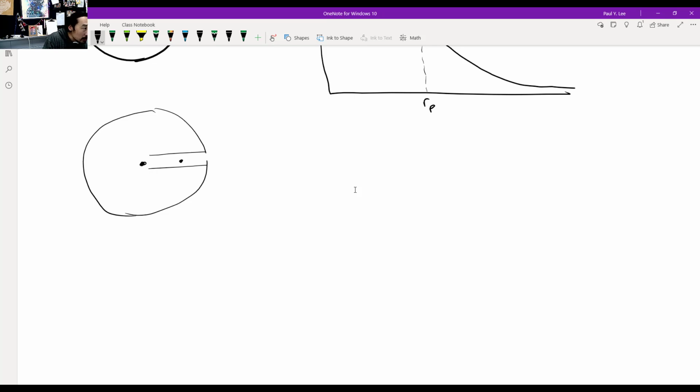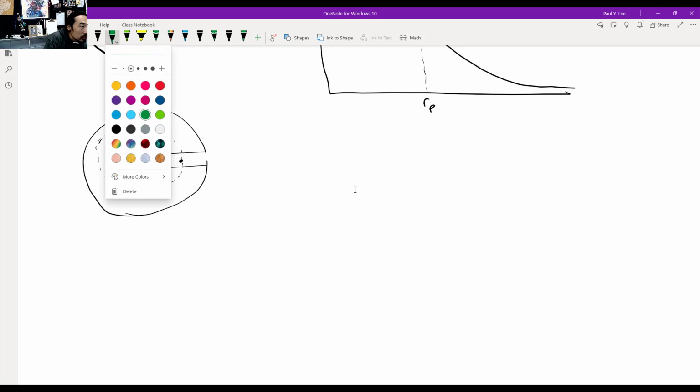All right, so this dot right here, that represents capital M. That's the Earth itself. But now look at this. You have a new radial distance away from the center of the Earth. So something unique happens. When you are not on the surface of the planet, there's still an F of g acting on you. So I'll draw that in red here.